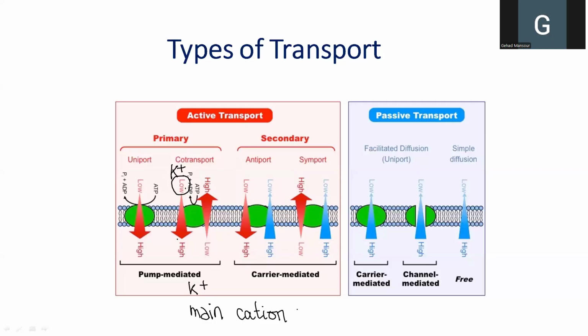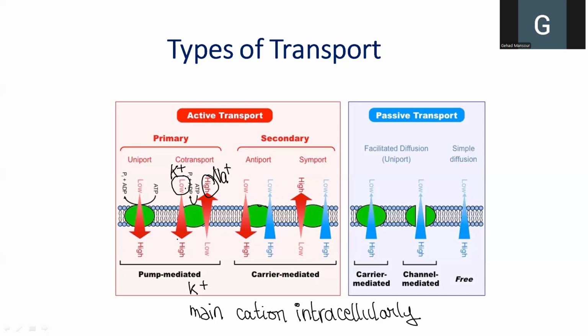So why does potassium have to be the main cation inside the cell, or intracellularly? This is for proper functioning of the cell. Meanwhile, sodium is pumped outside the cell, again in an active transport process from low to high. Again, why?